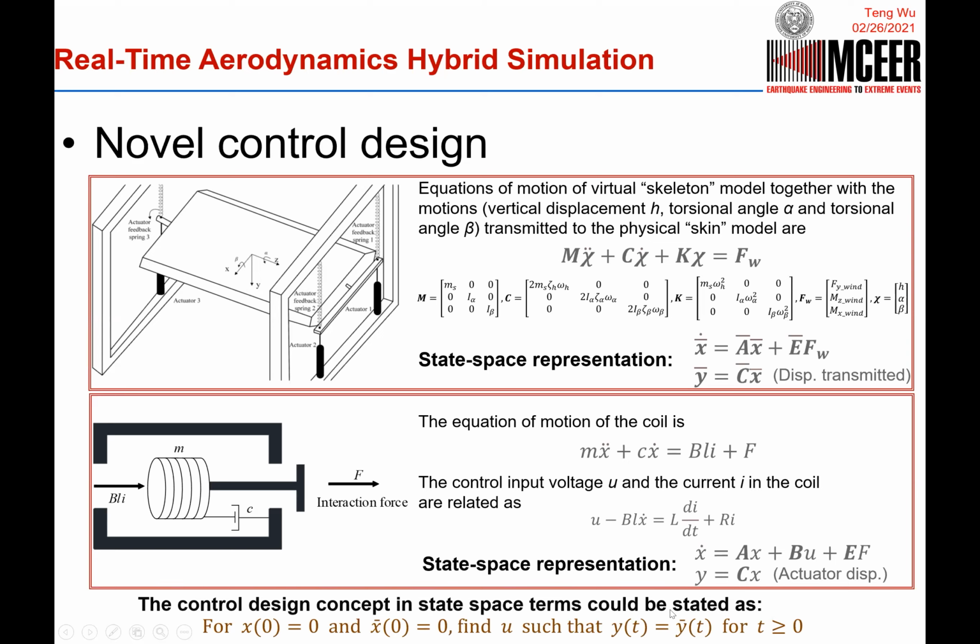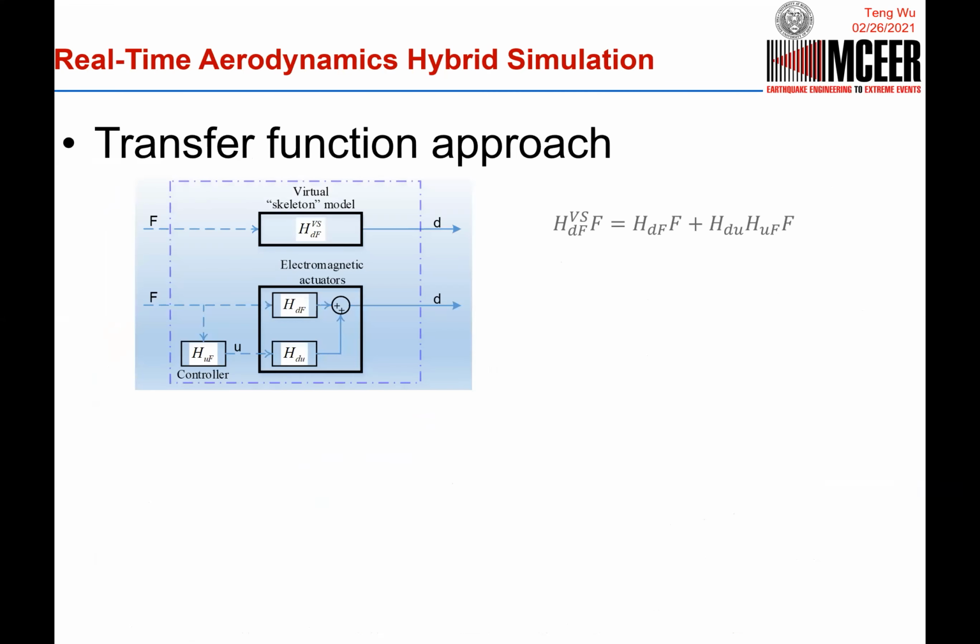Since at the current stage we focus on this linear virtual skeleton system, it is very convenient to use the transfer function approach to illustrate this concept in a little more detail. We have these two systems with the same input, and we want the same output, so the transfer functions will have this equivalence, and then the linear controller will be expressed in this way.